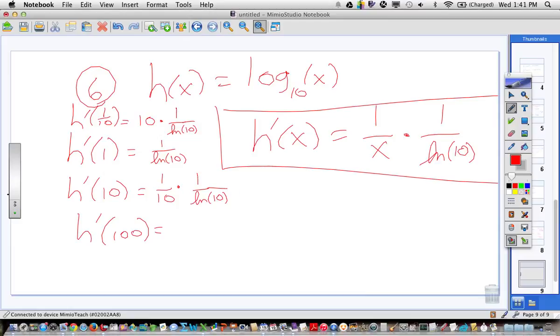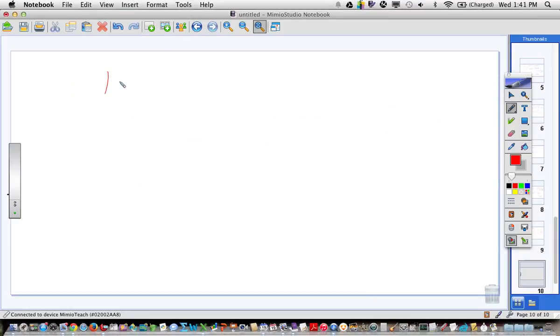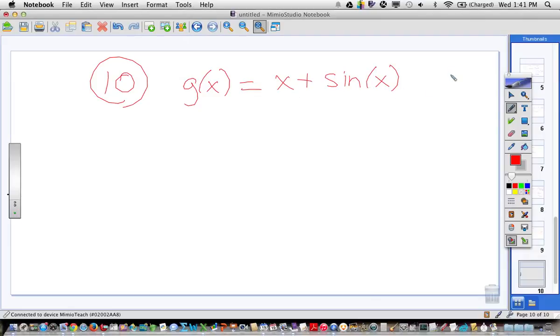All right, now let's turn to section 2.7. And we'll get started with number 10 on your homework here. Now this is the trig section. This is where you're going to get into a little more chart kind of stuff, more so than in section 6.